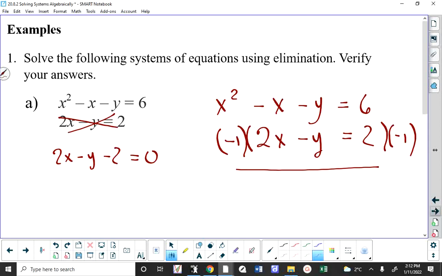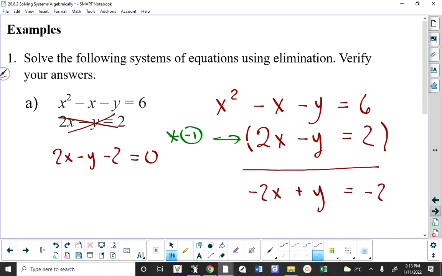So it's going to become -2x. I'll put this in a different color. I'm taking this equation and I'm multiplying it by -1, and getting -2x plus y equals -2.